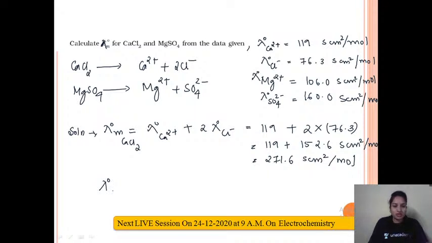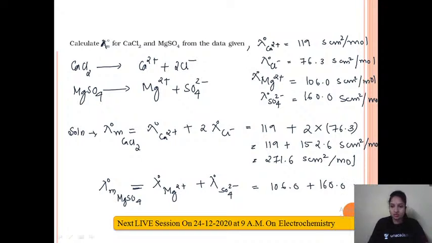Likewise, lambda naught M for magnesium sulfate is equal to, so here both mu values are 1. The number of ions produced is 1 here, of respective cation and anion. So lambda naught value for Mg2 plus plus lambda naught value for SO4 2 minus is equal to 106.0 plus 160.0 Siemens centimeter square per mole.